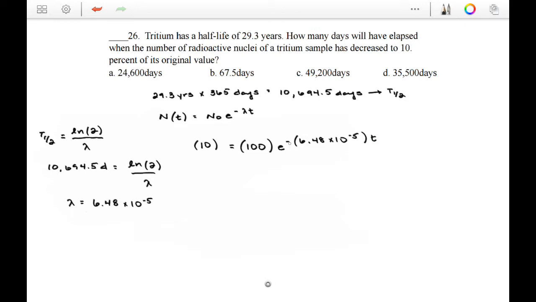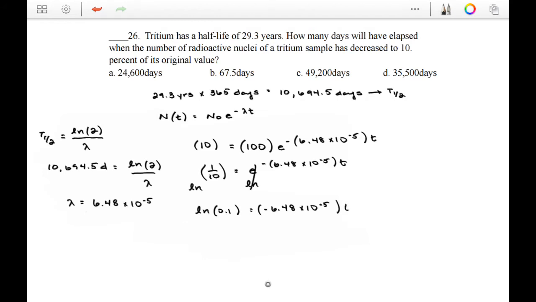Now this is just algebra at this point. I'm going to divide over by 100, so it'll be 1 over 10 is equal to e to this value. Then I'm going to take the natural log of both sides so that I can get rid of the e here. So natural log of 0.1 is equal to negative 6.48 times 10 to the negative 5 times t.